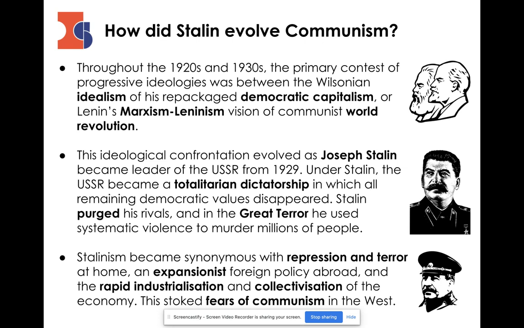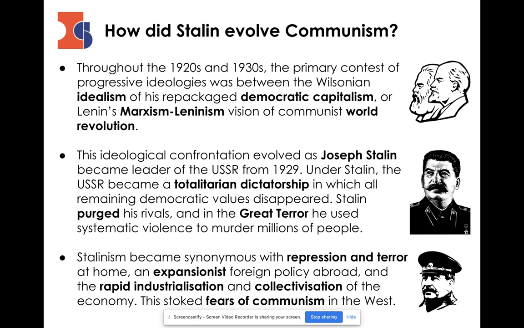When Lenin died in the 1920s, there was a power struggle in Soviet Russia. Stalin would emerge as leader in 1929, and he would turn the Soviet Union into what's called a totalitarian dictatorship, where Stalin would have total control over all aspects of life for the people.